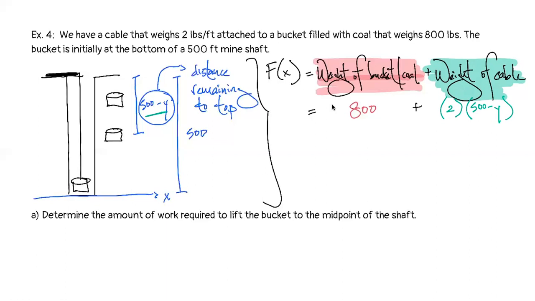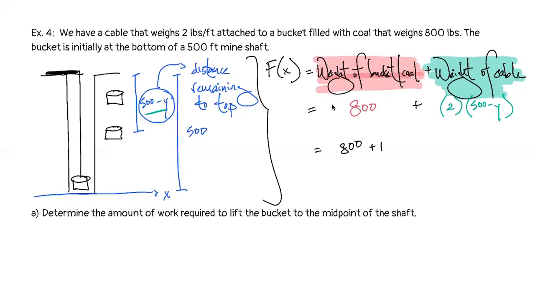Okay. So before we move on to part A, let's clean this up a little bit. I've got 800 from the bucket and the coal, plus 1,000 because I distribute that 2 in the 500, and then minus 2y, which I can further combine to make 1,800 minus 2y. And this represents the force function for the situation where we are pulling this bucket up the mine shaft.